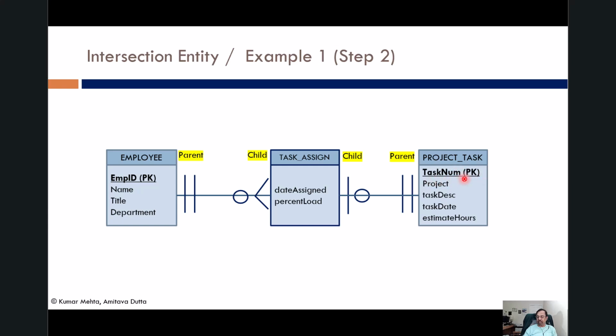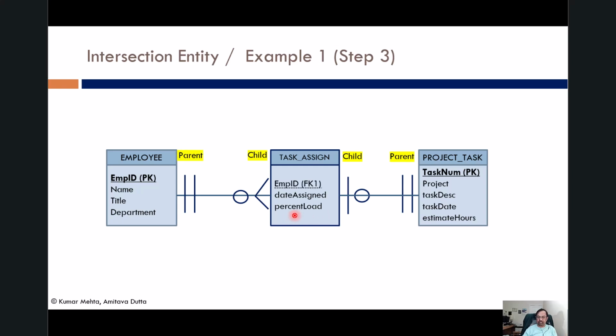You know by now what the next steps would be to implement the relationship. The primary key of the parent becomes the foreign key of the child. So task number would come in over here, employee ID would come over here, and that's how we use foreign keys to represent these two lines. Since I cannot draw pictures in the physical database itself, you mimic those lines by using foreign keys.